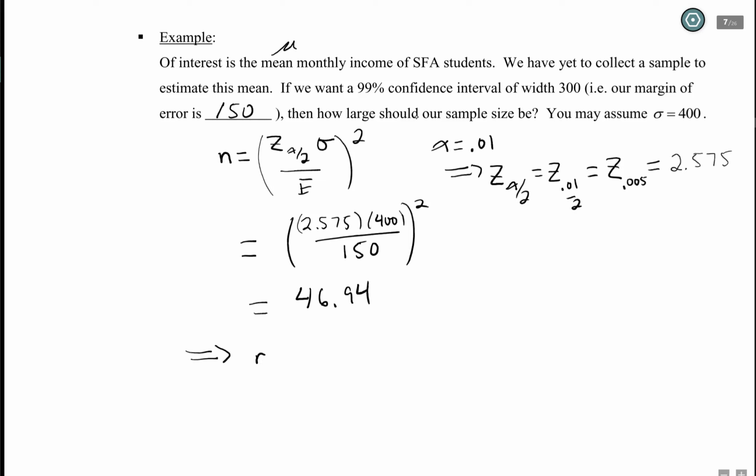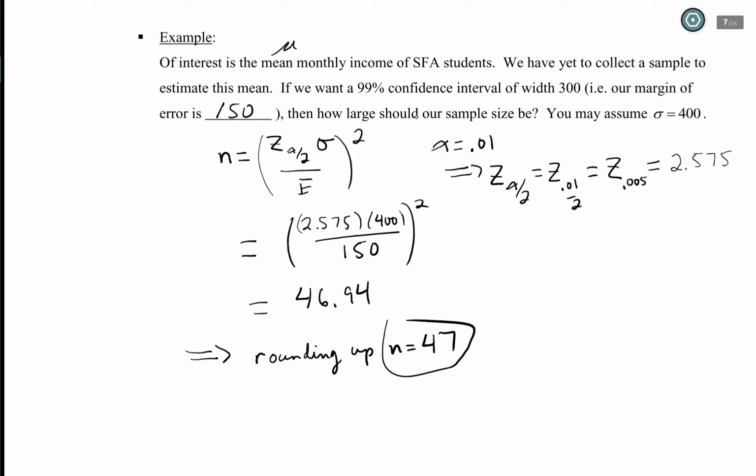That will actually give you a confidence interval that's slightly more narrow than the requested width of 300. So we're going to round up. So rounding up, our n, our sample size, would be 47. Okay. So that is sample size determination. This is actually a pretty common place to be within statistics.